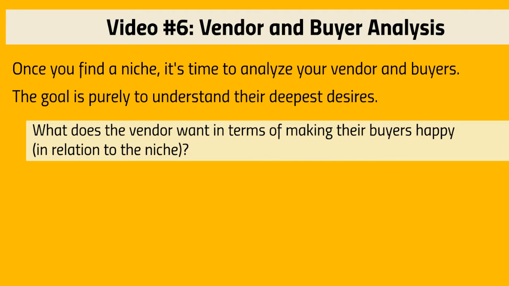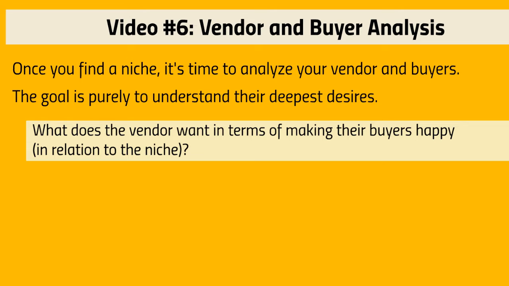All right. So first things first, I want to ask you a few questions, and then we are going to be using a free tool that you can use to dive deeper into your niche. The first question is, what does the vendor want, in terms of why and what they want to do, and how they want to do it, as far as making their buyers happy?